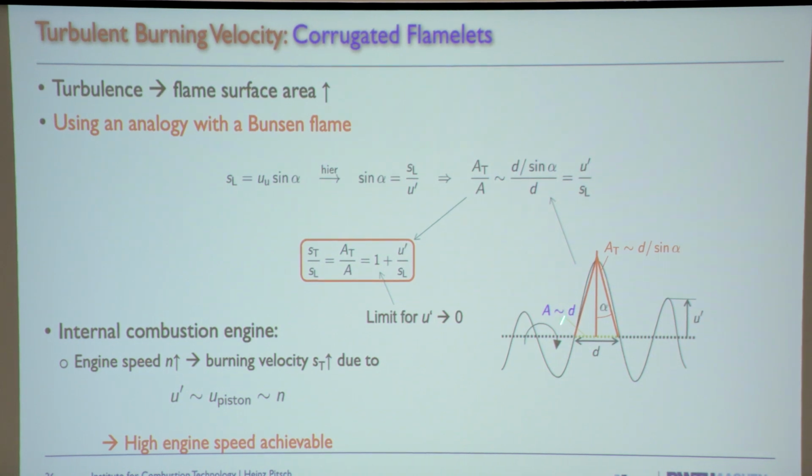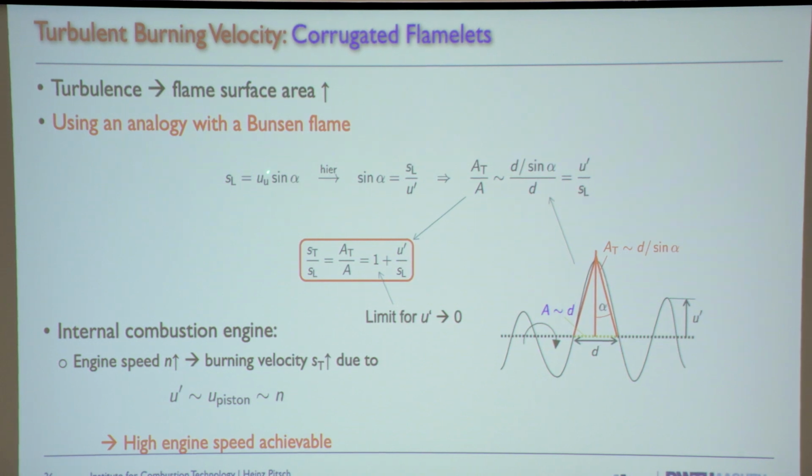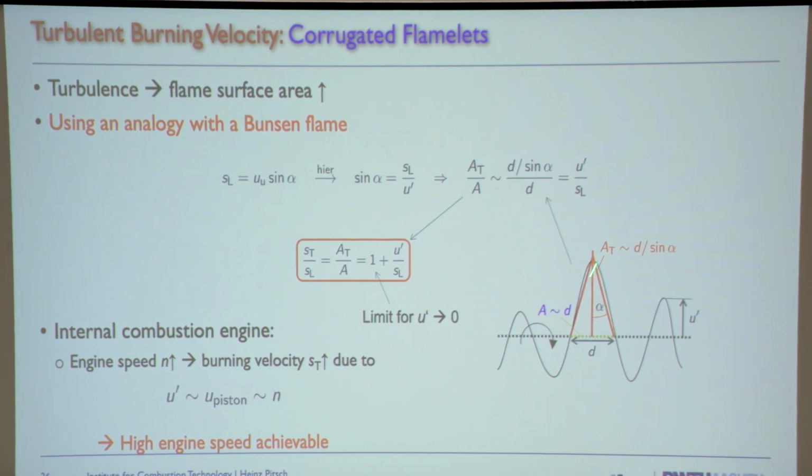You have an eddy like this, or an eddy like this, which then has a u prime that causes this disturbance here on the flame. And then for the laminar flame, we had S_L was u unburned times the sine of this angle, and here we want to say the sine of the angle now is S_L divided by this u prime. Okay, that's the same as this.